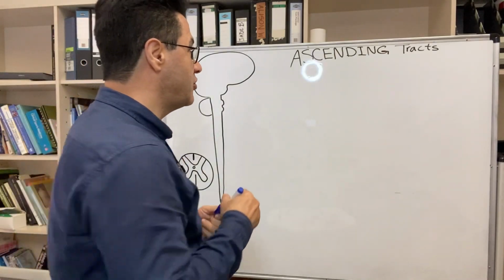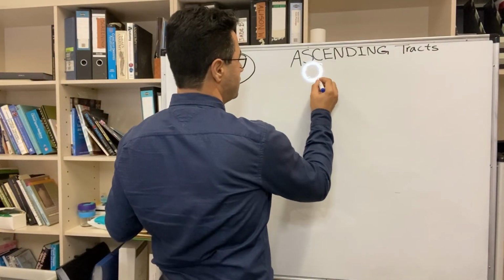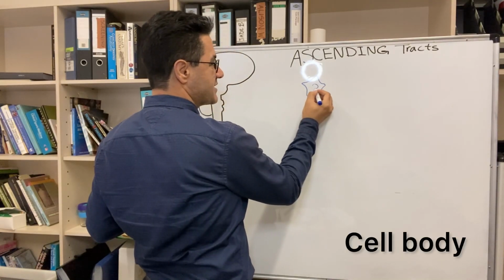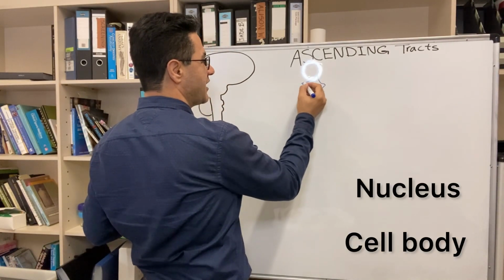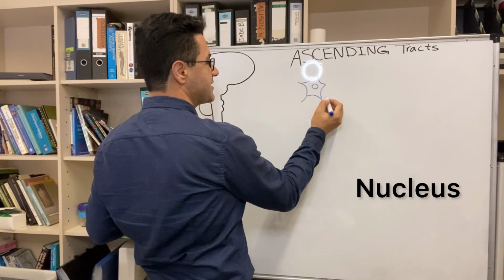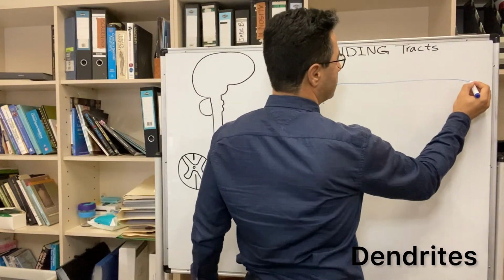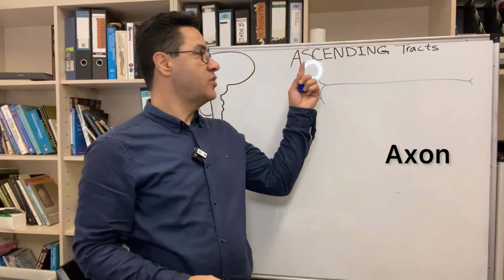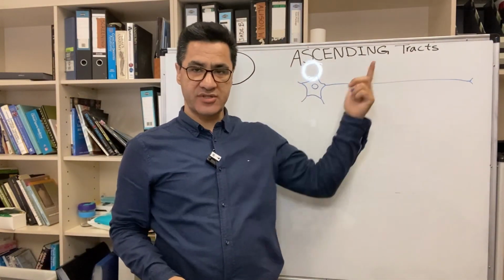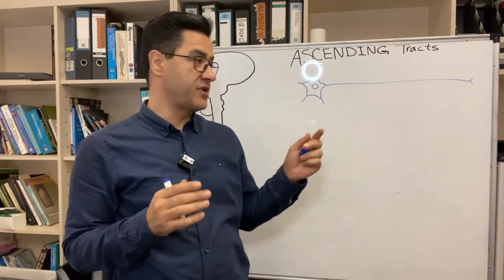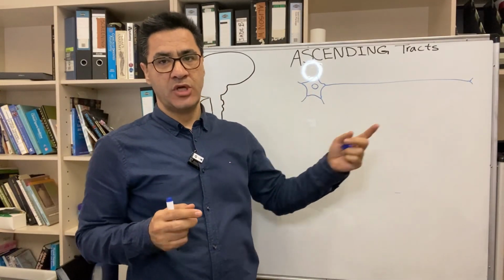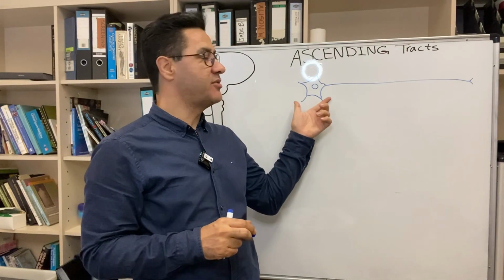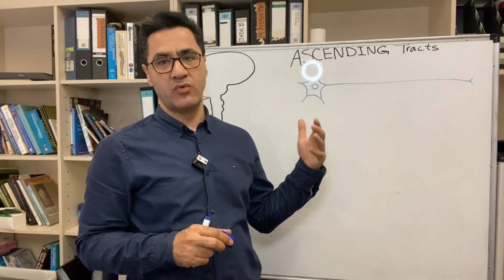As you know, each neuron has its own cell body. Within the cell body we have the nucleus, short dendrites, and one long axon. When you are studying the ascending tracts, you should first ask yourself, where is the cell body of these 3 order neurons?